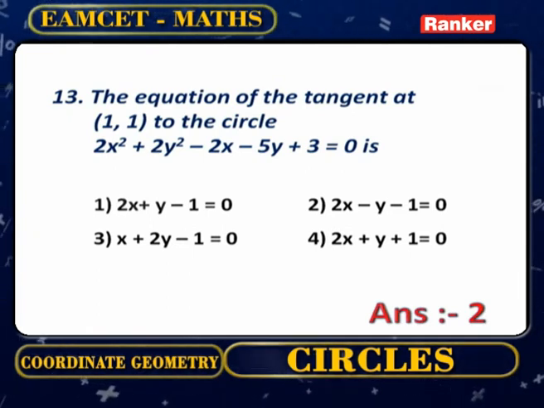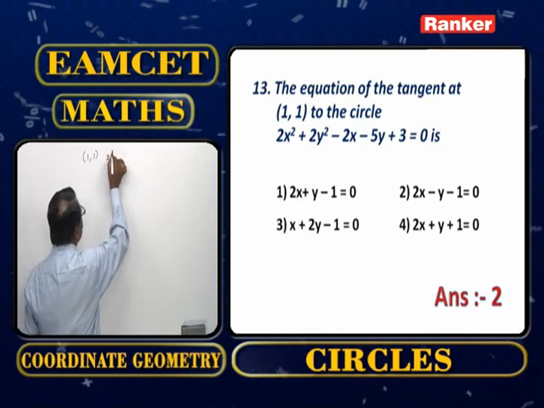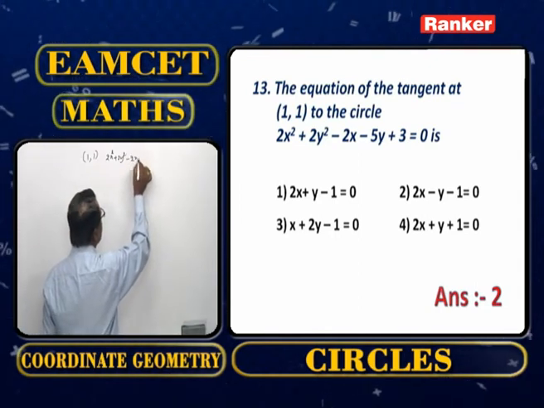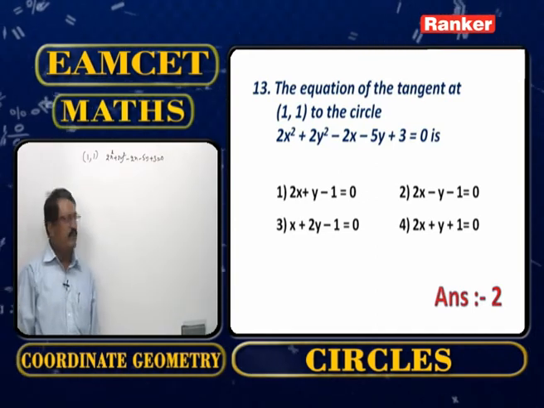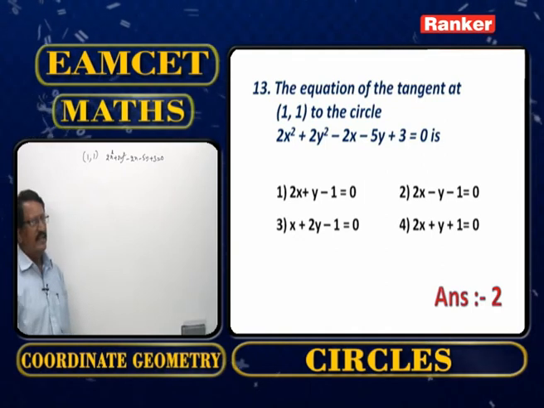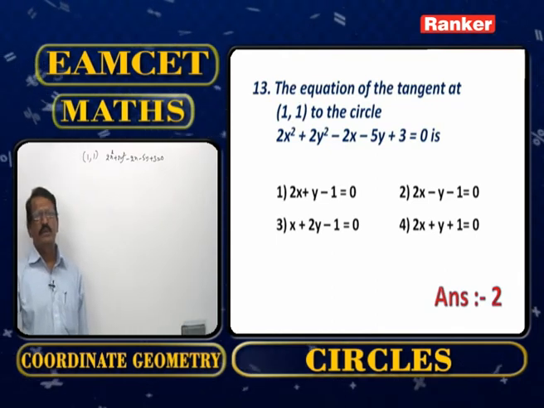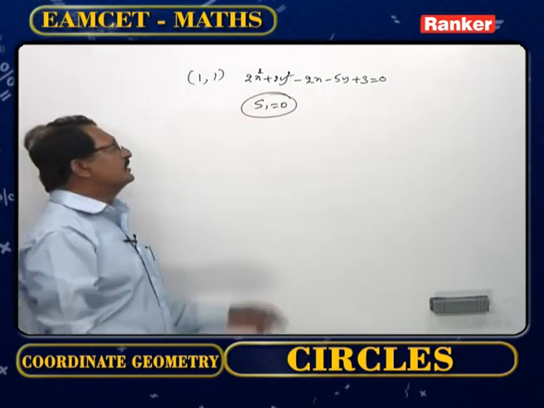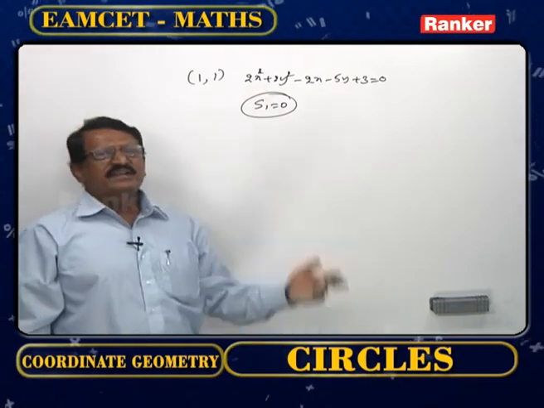The equation of the tangent at (1, 1) to the circle 2x square plus 2y square minus 2x minus 5y plus 3 equals 0. If the circle equation is S equals 0, then the equation of the tangent at (x1, y1) is S1 equals 0. But using this formula, the calculation is very lengthy.